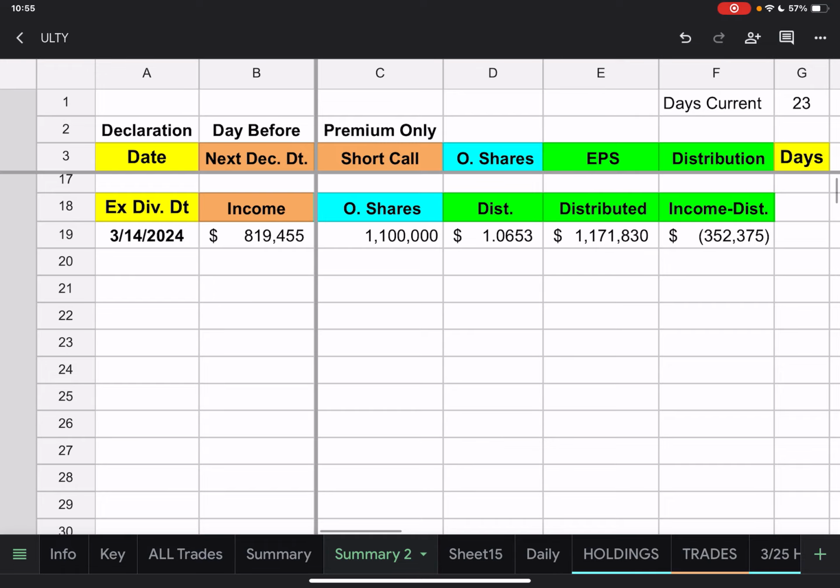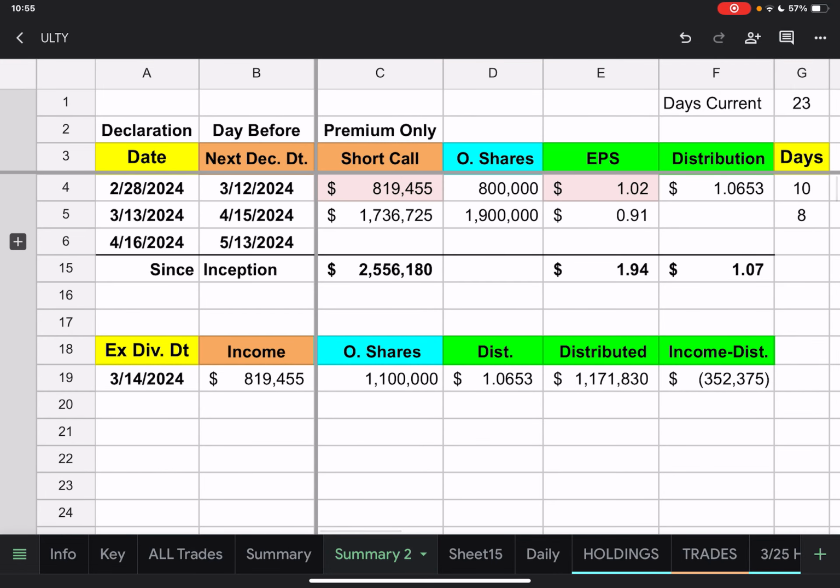Sorry about that. So, anyway, then our distribution, we already know, was $1.06, 6.5 cents. But if we look at the dollar amount that we distributed times the number of outstanding shares, we distributed almost 1.2 million.